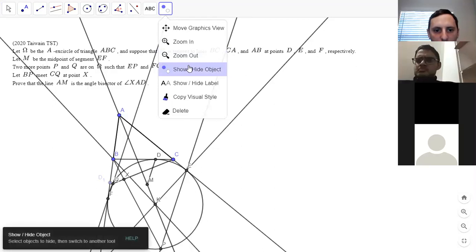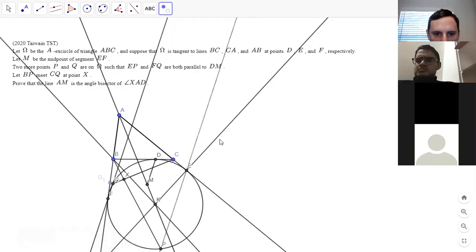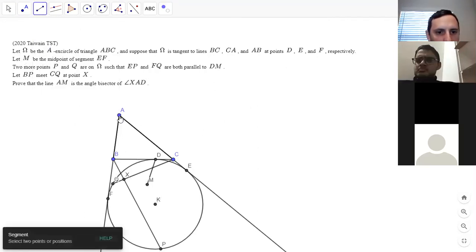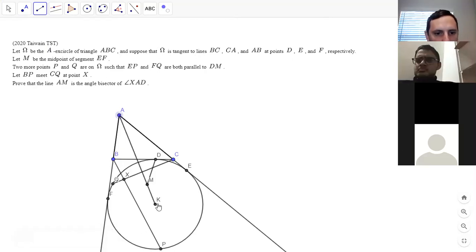All right. What else did I do? So M is the midpoint of EF, and then FQ and EP are parallel. That should be all we need, I think.